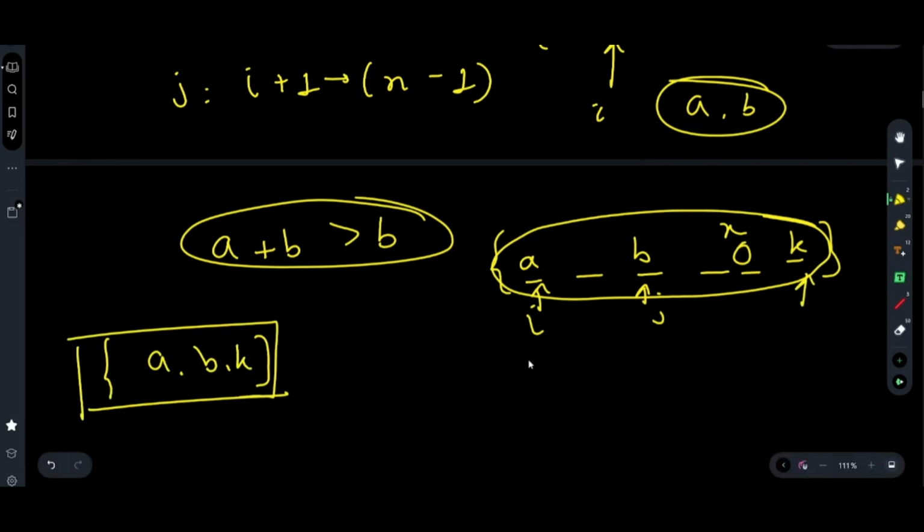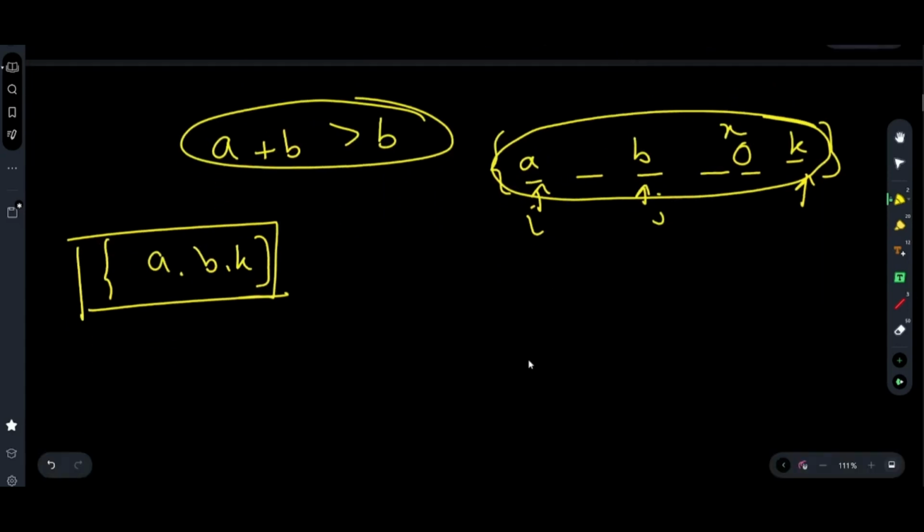Now how to get this particular value K? You see for a fact that this is K. If this is X, let's say you're searching for X equal to a plus b.